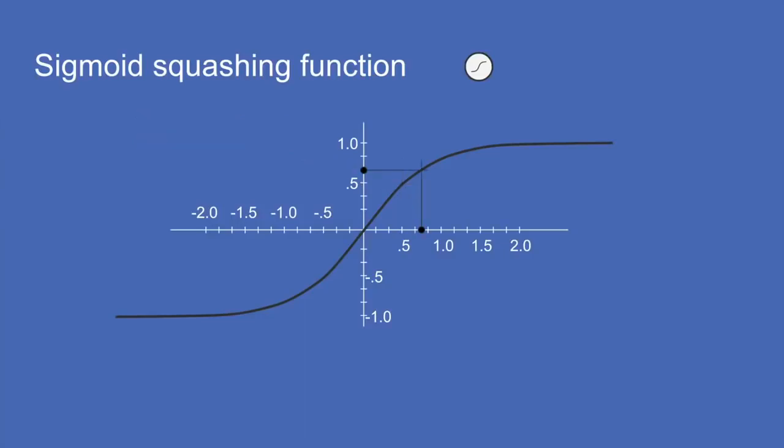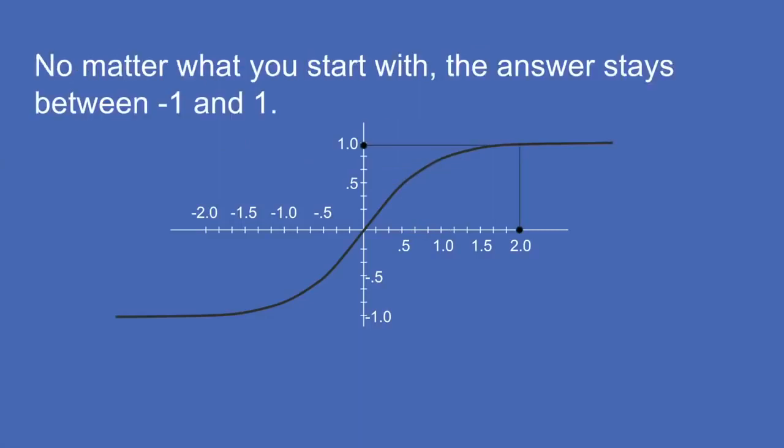As your input number gets larger, your output number also gets larger but more slowly. And eventually, no matter how big the number you put in, the answer is always less than 1. Similarly, when you go negative, the answer is always greater than -1.